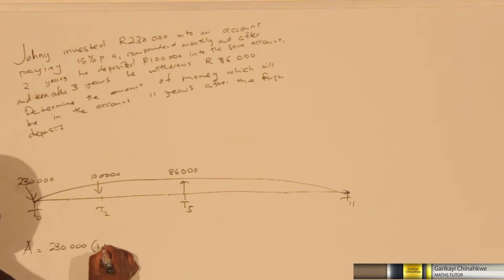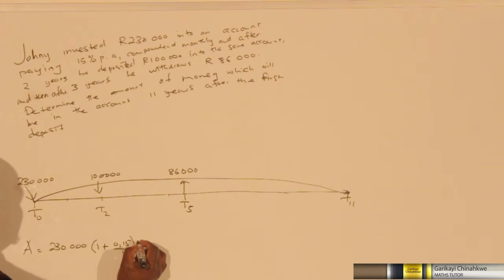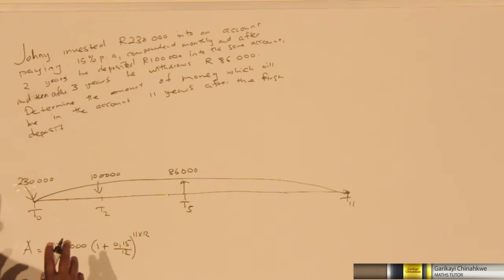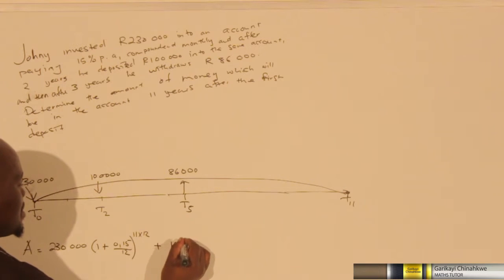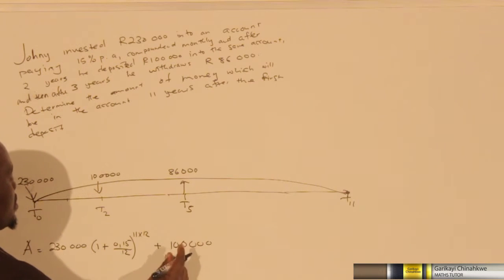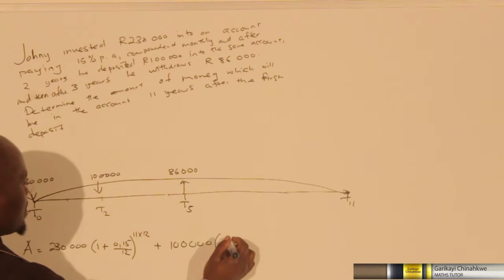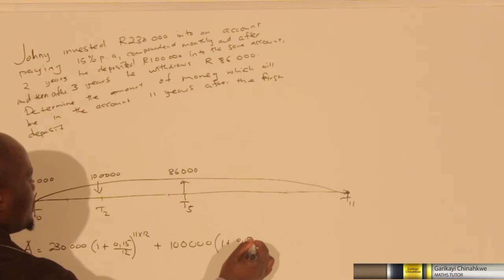It is 1 plus 0.15 over 12, since it is compounded monthly, to the power of 11 times 12. Then when another deposit is made, you are supposed to say plus, because this amount is going into the account. So you grow this, so plus 1 plus 0.15 over 12.